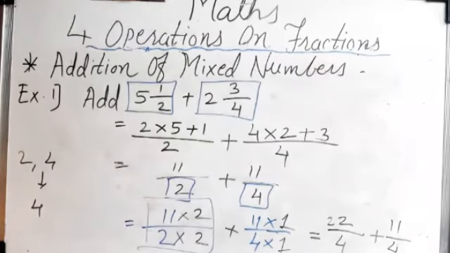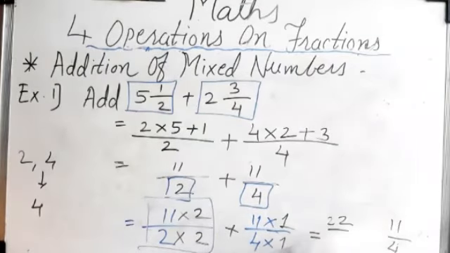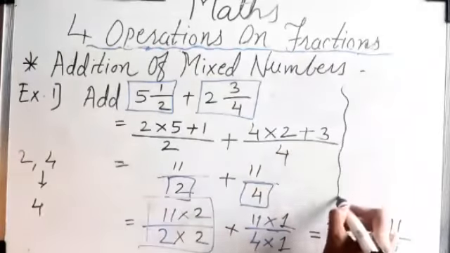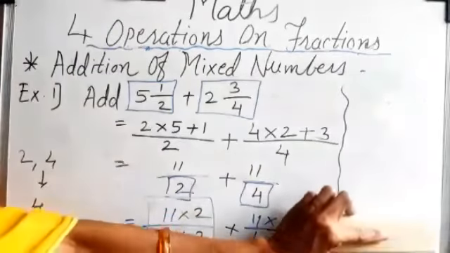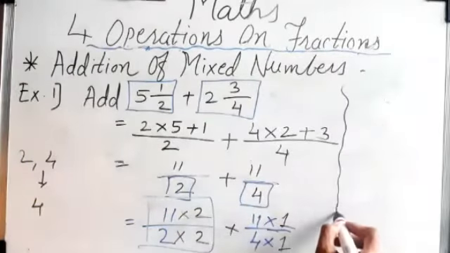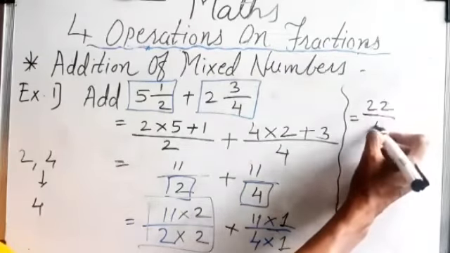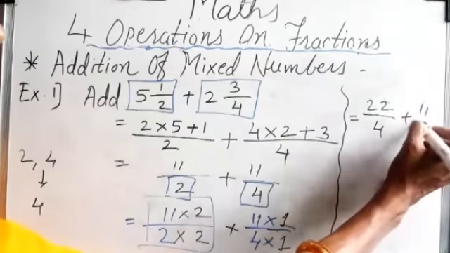Now you see, the denominators came same. Now if the denominators came same, just add the numerators, that is 22 plus 11. So see students, let me write this here. After this you have to continue here, 22 upon 4 plus 11 upon 4.